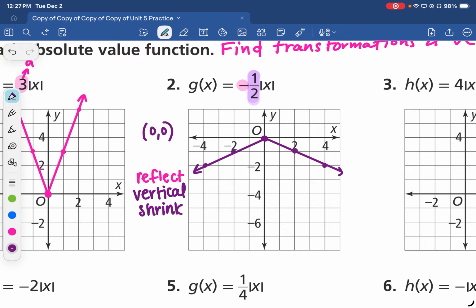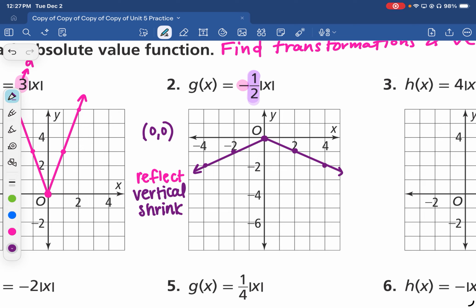What does +3 cause to happen? So using our transformations, what is our vertex? So we will go to the point 5, 3.